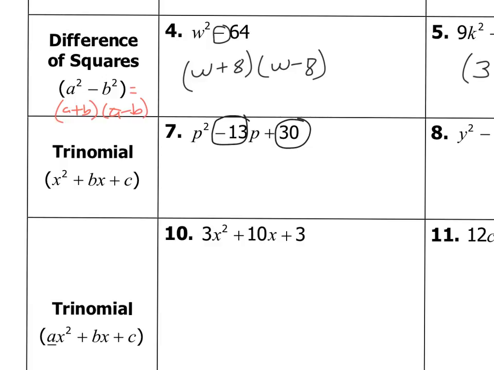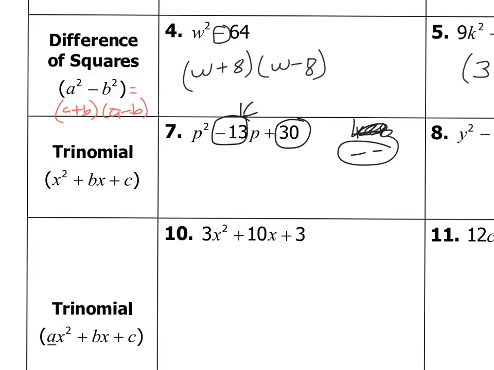Because we need to multiply and get a positive 30. And the only way we get a positive 30 is either if we multiply two positive numbers or if we multiply two negative numbers. But here's the thing, we had to add and get to negative 13, right? So that's going to take off the positives. So it's going to be two negatives that we are multiplying together to get positive 30, and two negatives that we add together to get negative 13.